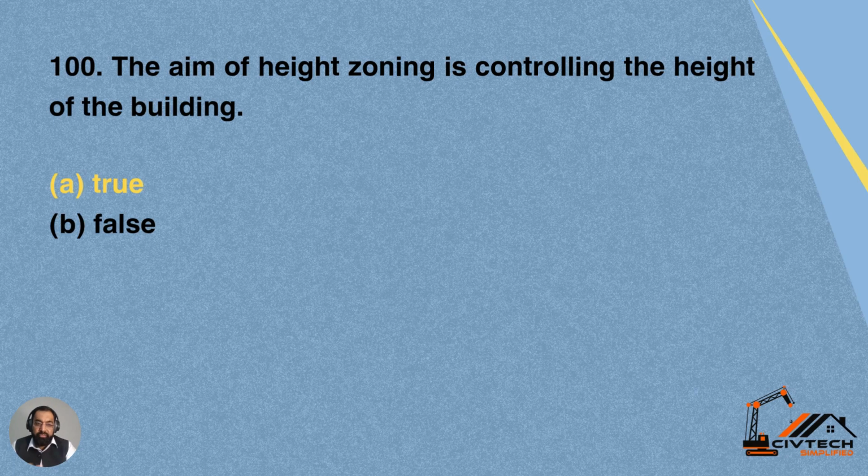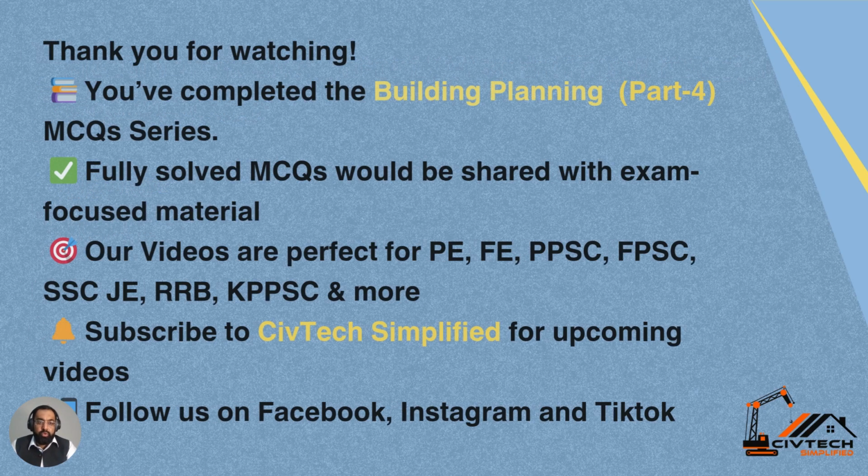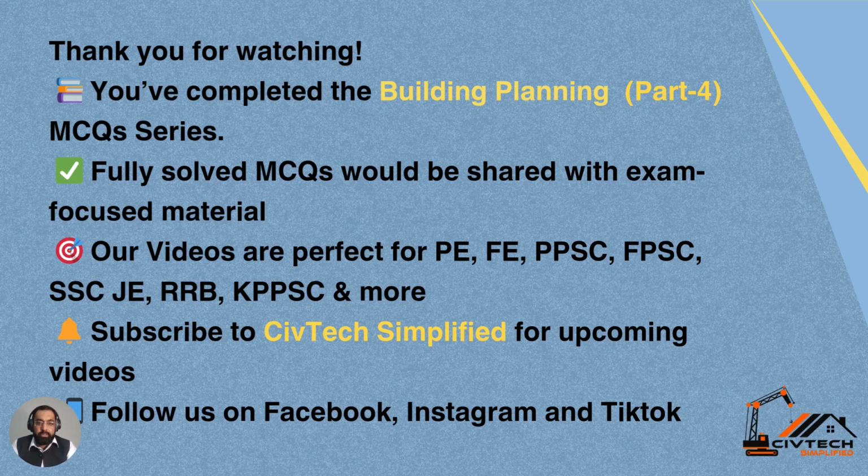So residential buildings, if they are considered to be only 3 to 4 stories, so in height zoning, the town planners already defined in the initial master plan that this much would be the commercial buildings height, this much would be the residential building height, even 2 floors, 1 floor. So it depends on the town standards. So this height controlling is considered under the height zoning.